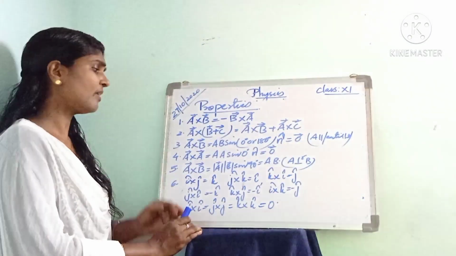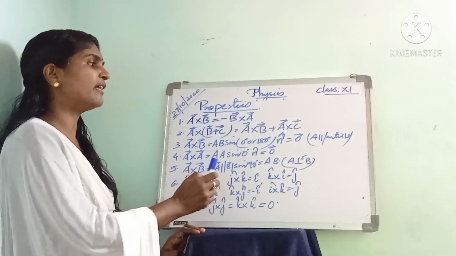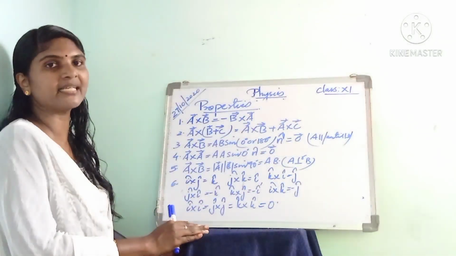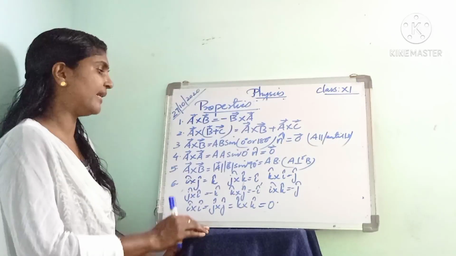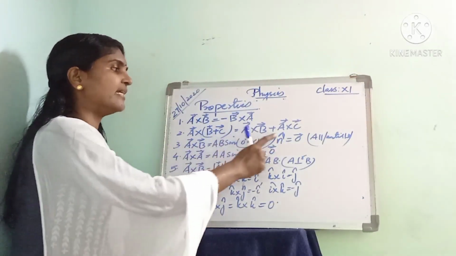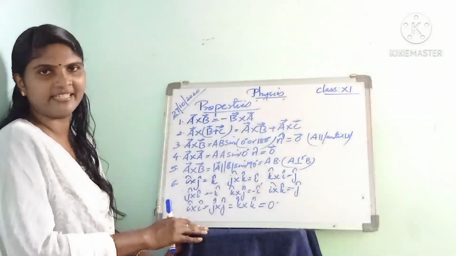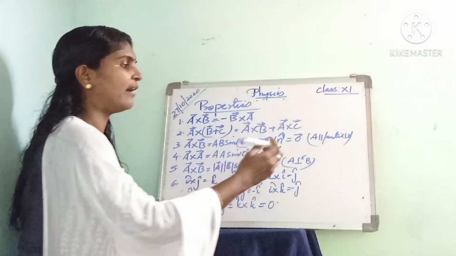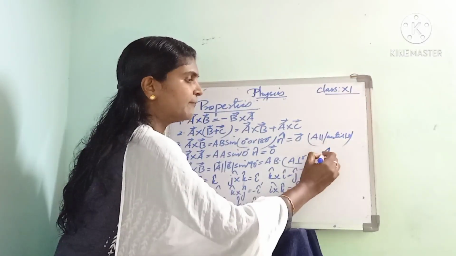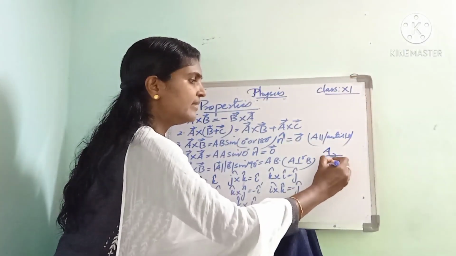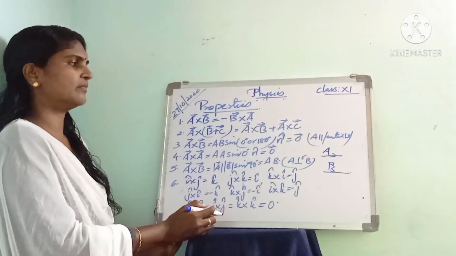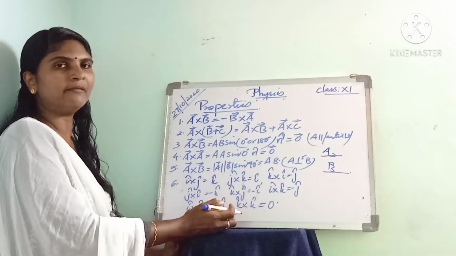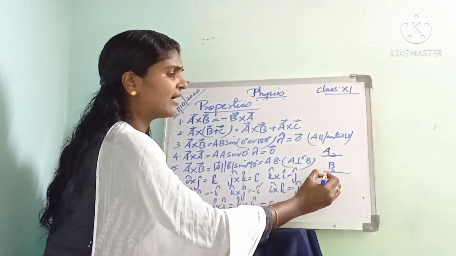Isn't it? And the next property is if the two vectors are parallel or anti-parallel, the cross product of two vectors is a zero vector or a null vector. Suppose we have two vectors, vector A and vector B. These two are parallel. Then what is the angle between them? If it is parallel, the angle between is 0.